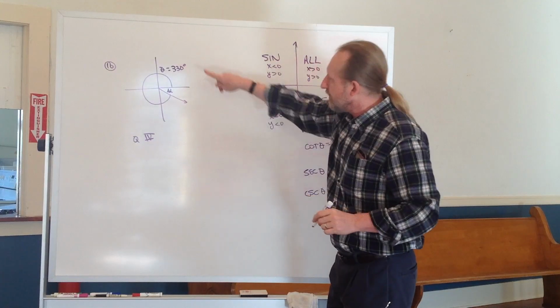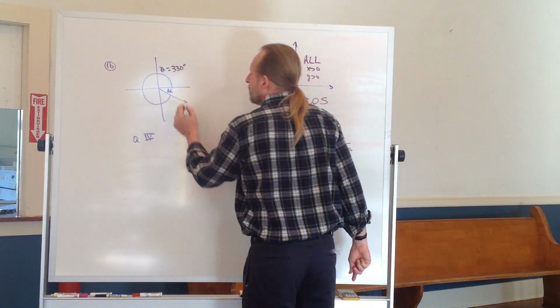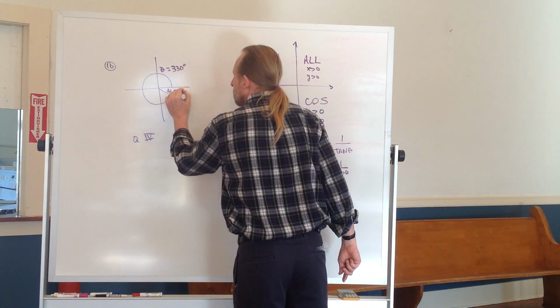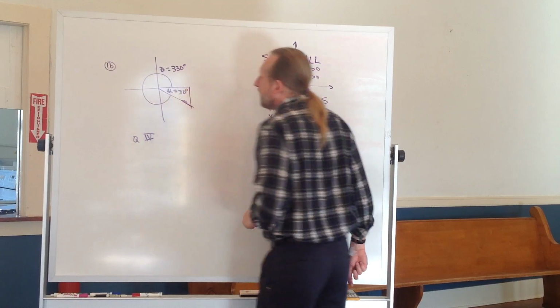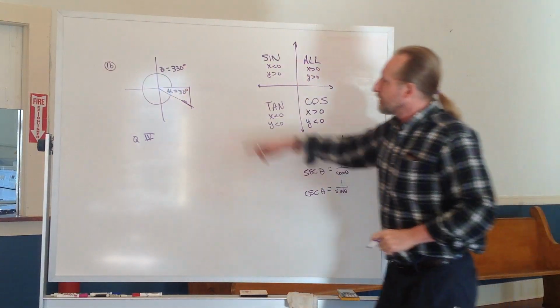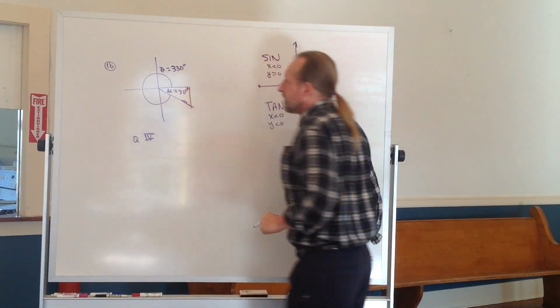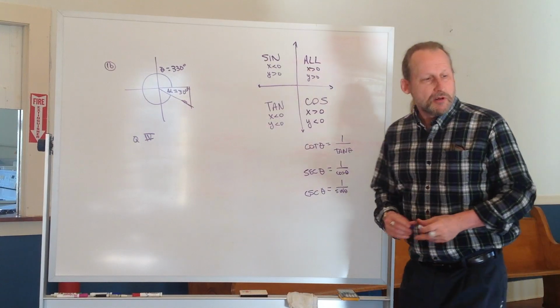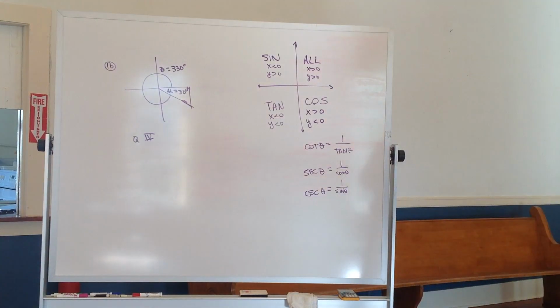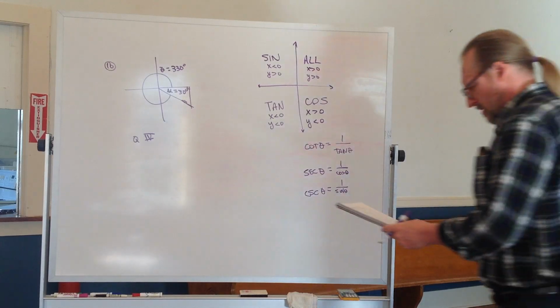Okay, all the way around is 360. We went 330, so that means our reference angle must be 30 degrees. Okay, and there's the perpendicular that we drop to the x-axis to find that reference angle in there. Okay, let's keep going with these.